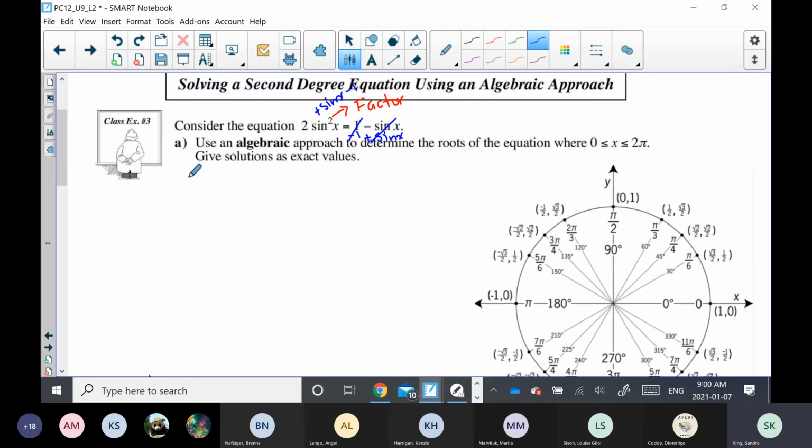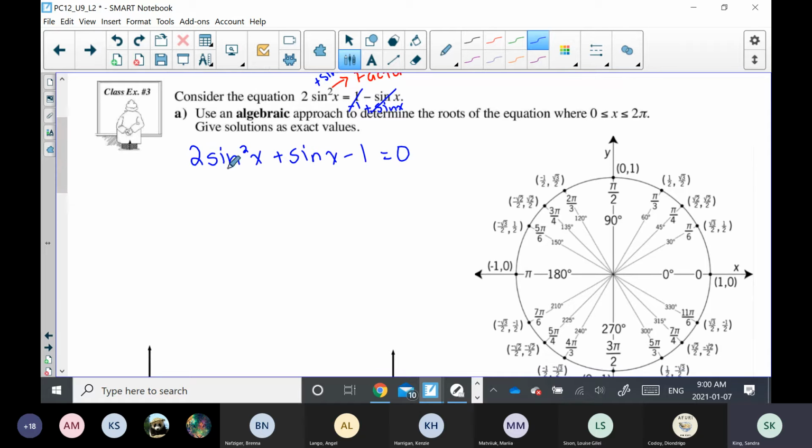Then what I have is 2 sine squared of x plus sine of x minus 1 is equal to 0. When you bring everything over to the left-hand side, you must put a 0 here. From here on out, if you drop this 0 at any point, you are going to lose a mark for that. You can't drop that 0.